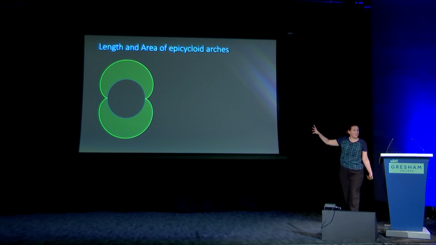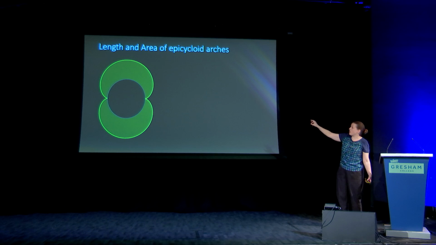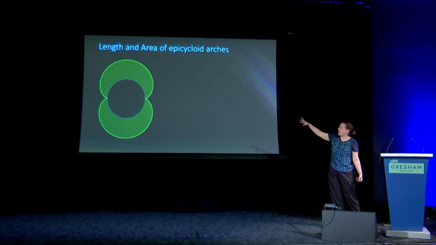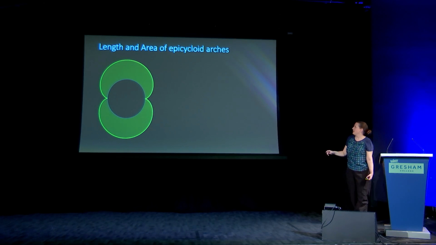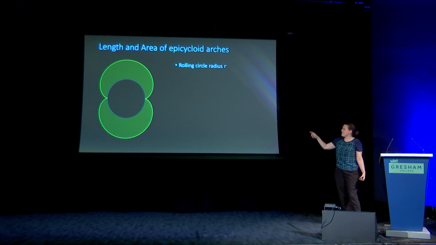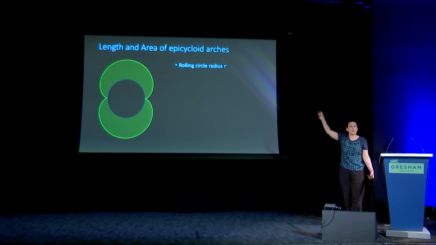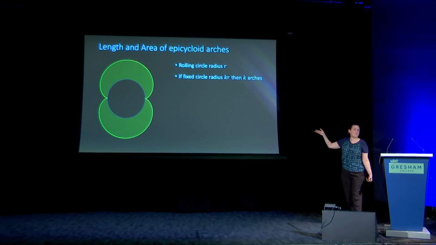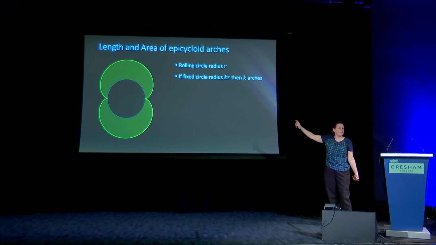So here, this is the nephroid, right? It's produced by rolling a circle of radius r along one of radius 2r. In general, if you have a rolling circle of radius r, let's think about what happens when you roll it along a bigger one that has radius k times r for some k. So for the nephroid, k equals 2.